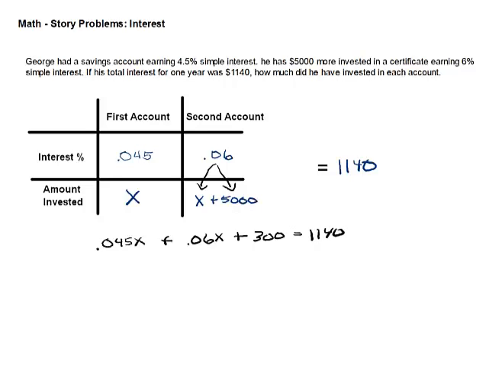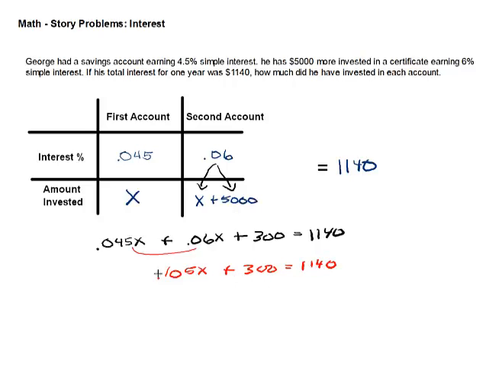So now we just have an algebraic equation. If we combine like terms, which would be these two, we would end up with 0.105x plus 300 equals 1140.